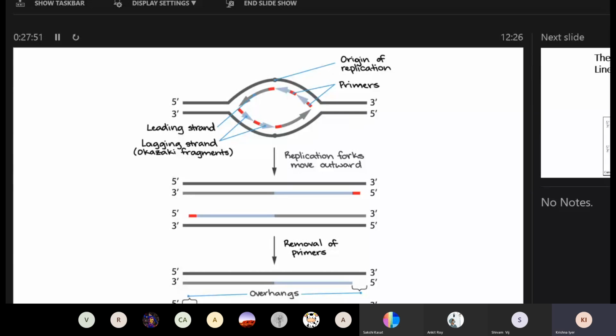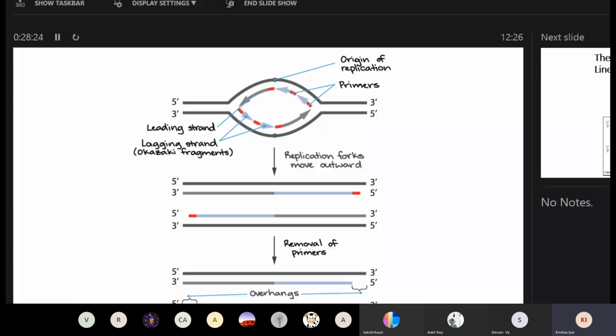But if you remember what I told you about Okazaki fragments, when one Okazaki fragment encounters another Okazaki fragment, because of the ability of this polymerase 1, or in our case, the DNA polymerase alpha, this RNA primer is removed, and that RNA primer is replaced by DNA because of the 5' to 3' exonuclease activity, and then it is sealed by ligase.